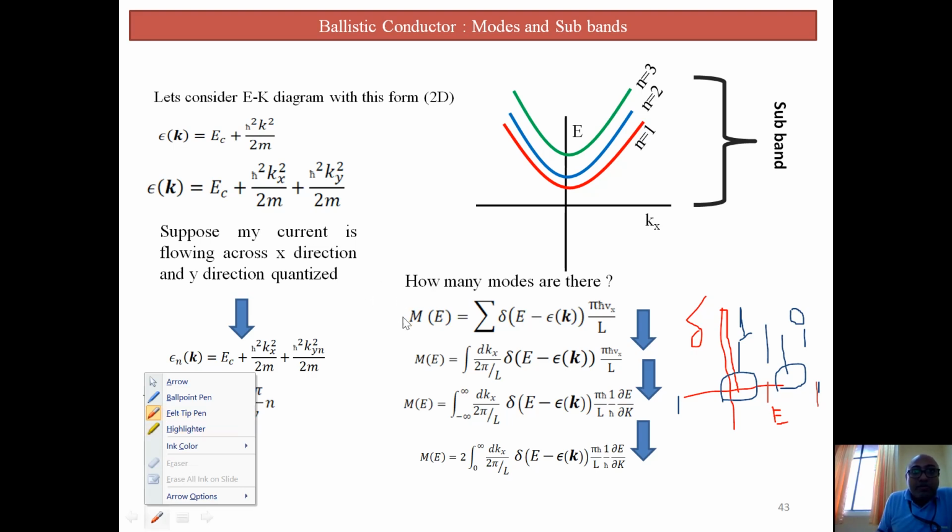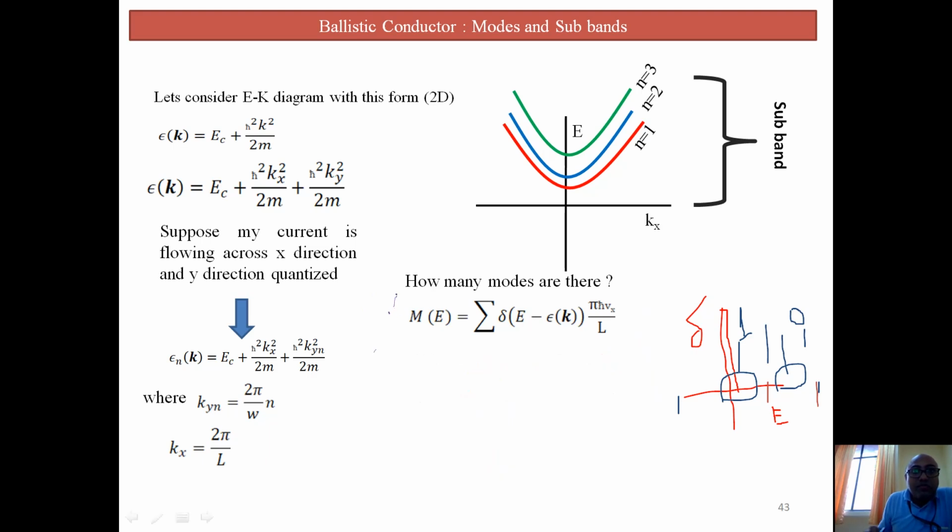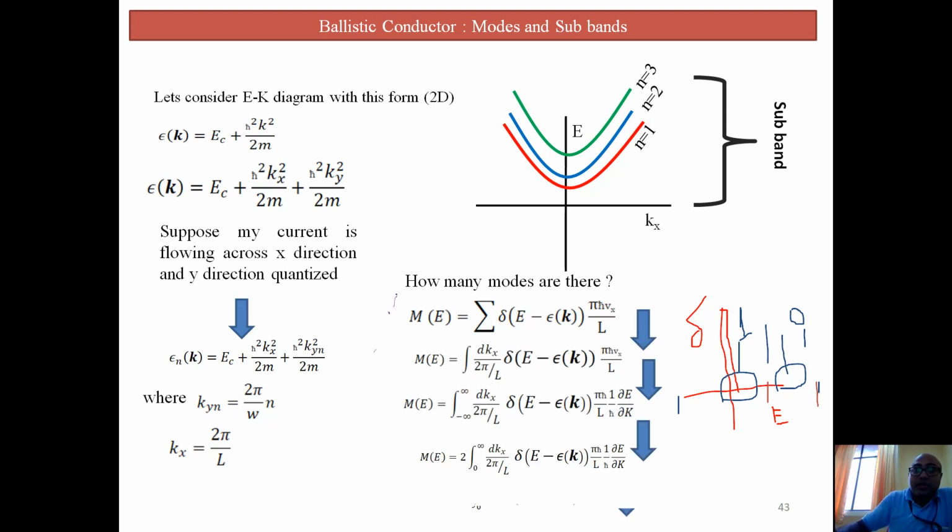Like here, you know this is how we have calculated. We know how to calculate this number of modes. So this is really not an issue here.